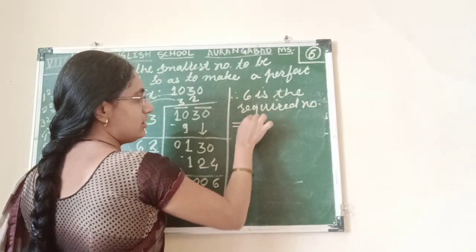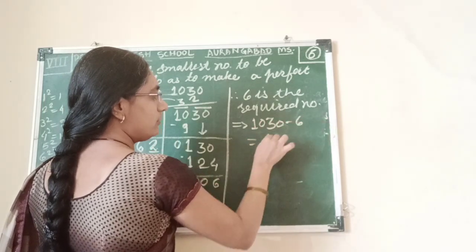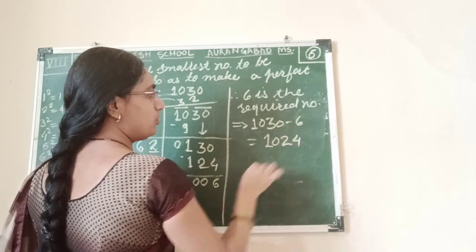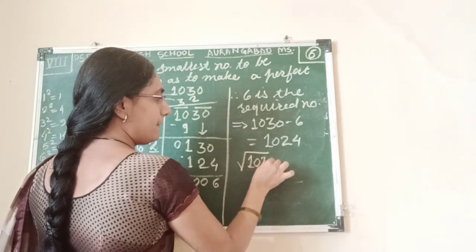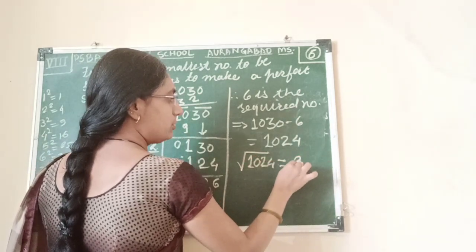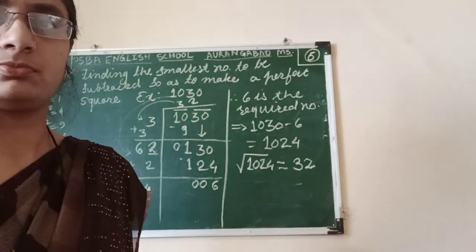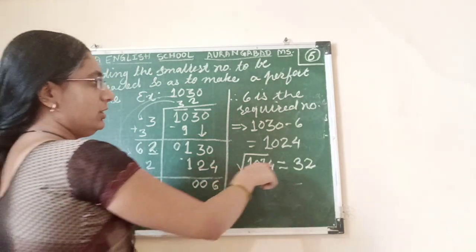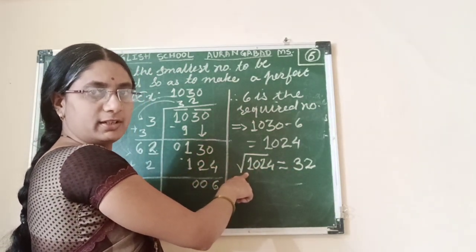It implies 1030 minus 6 is equal to 1024 and this is nothing but the square of 32. Understood? And as we all know, 32 square is 1024. So we got the required correct answer.